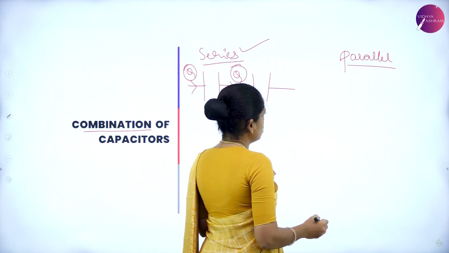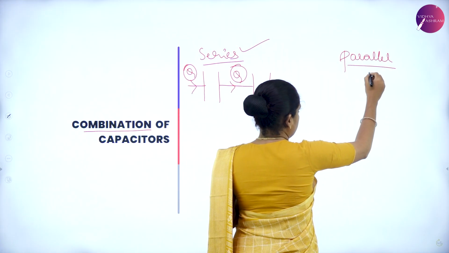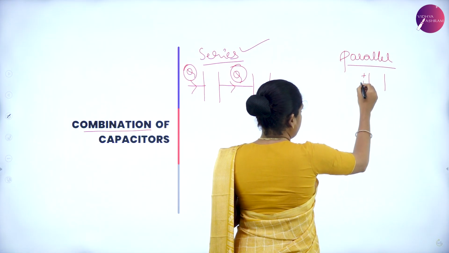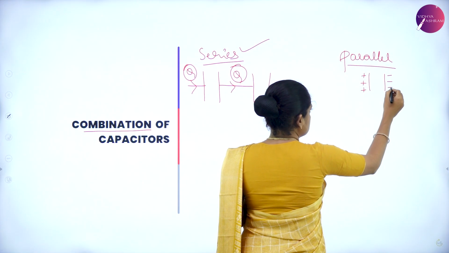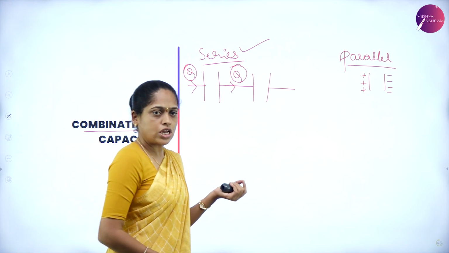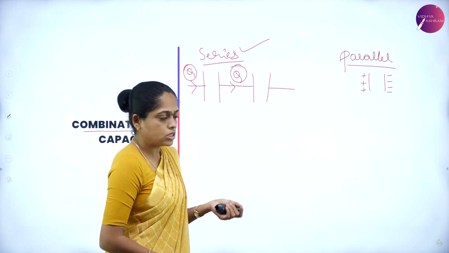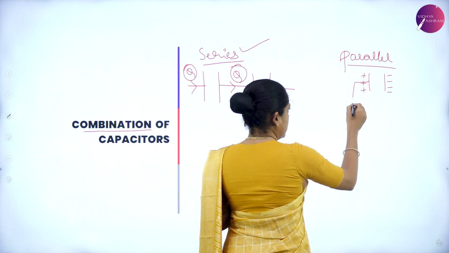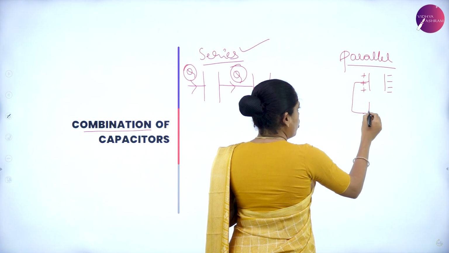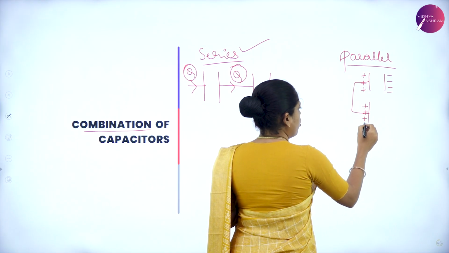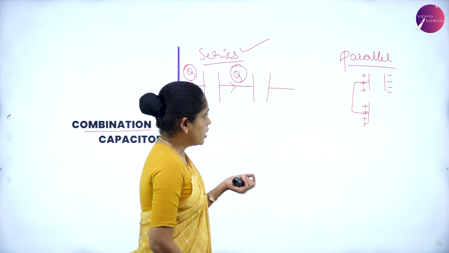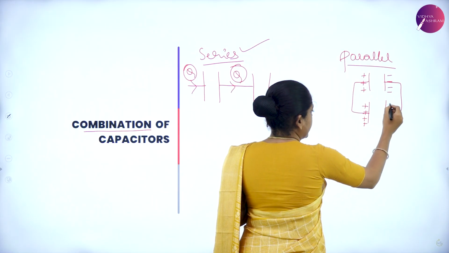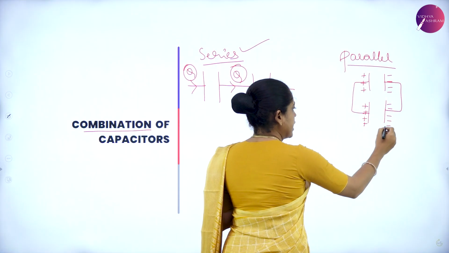Parallel combination of two capacitors is nothing but this: I have a capacitor, and you know that a capacitor consists of two plates. One is positively charged and another one is negatively charged. The positively charged plate of one capacitor is connected to the positively charged plate of the second one, and the negatively charged plate is connected to the negatively charged plate of the second one.